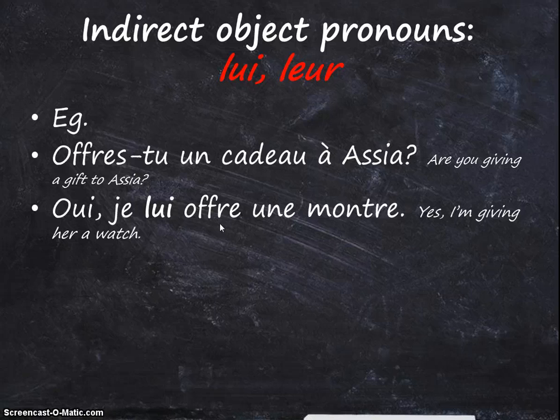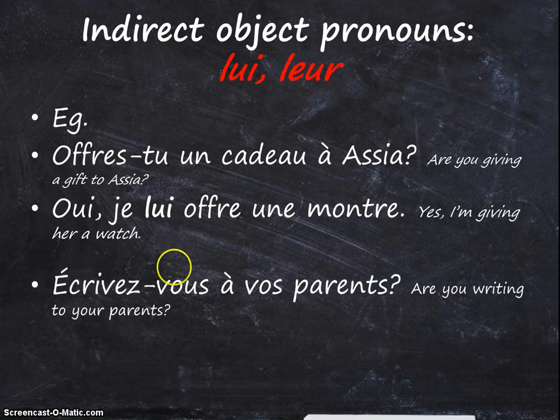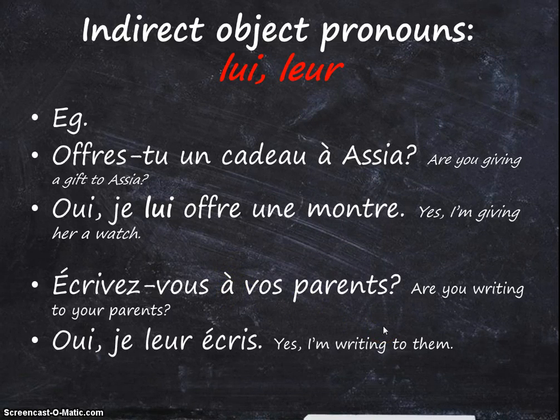Let's go for another example. "Écrivez-vous à vos parents?" Do you write to your parents? Here the indirect object is your parents, because you notice the preposition à. One of the answers would be "Oui, je leur écris."